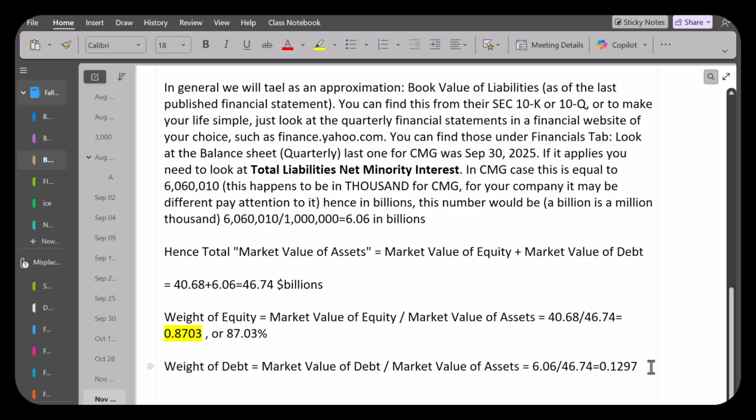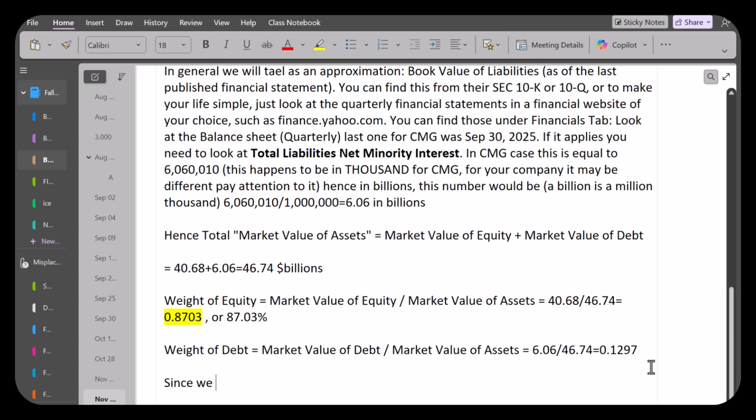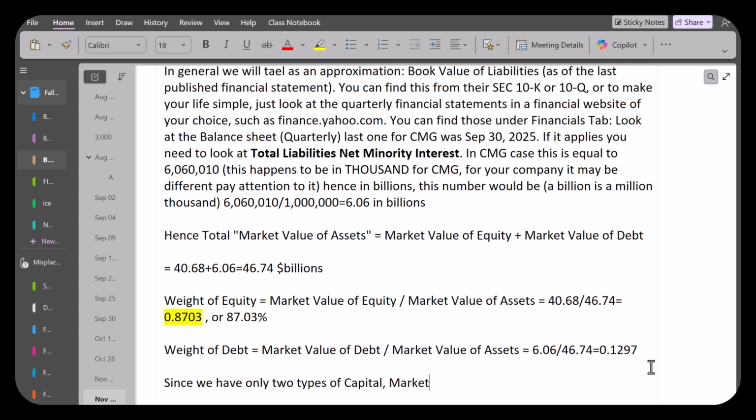And since we have only two types of capital, if you calculate one of them, you can calculate the rest easily. Rate of debt is equal to 1 minus rate of equity.